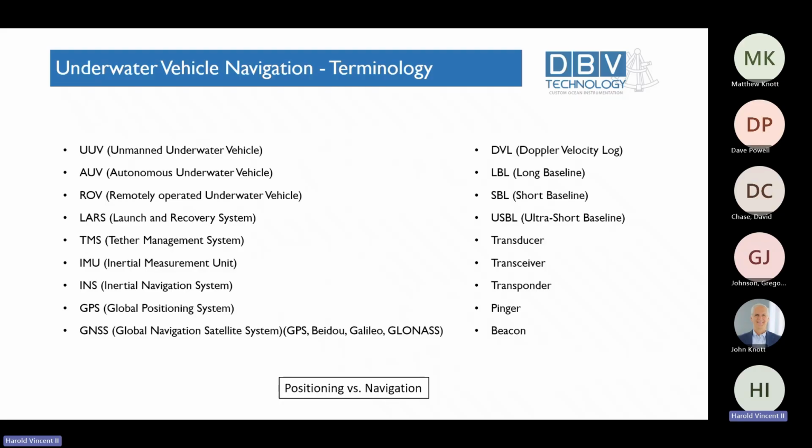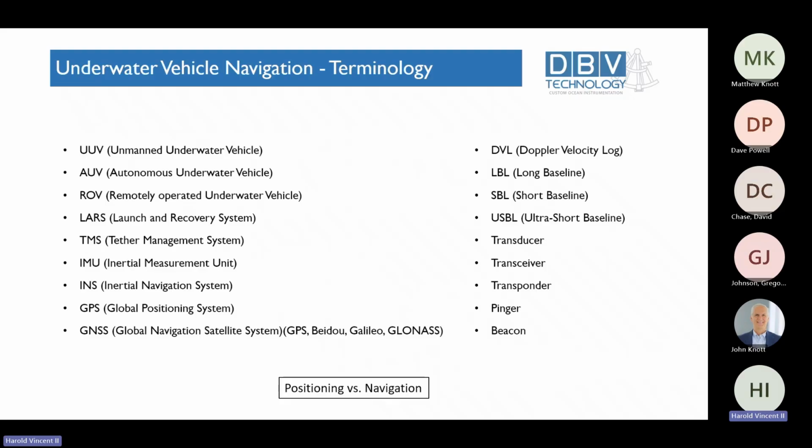The in-air equivalent would be a microphone for converting sound pressure to electrical signal, or a loudspeaker for converting an electrical signal to sound. We do the same thing underwater. The equivalent of a microphone would be called a hydrophone, and the equivalent of a loudspeaker would be called a projector. But generally, we just refer to them as a transducer.